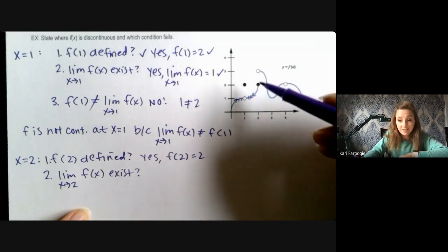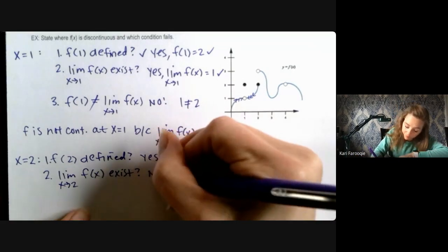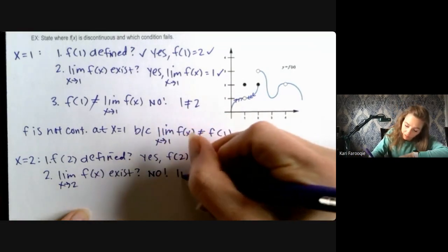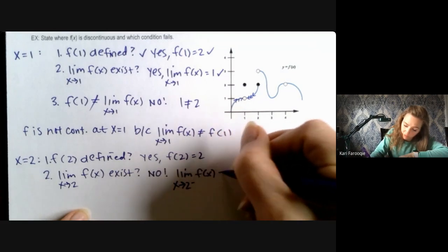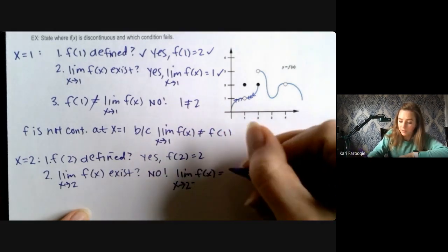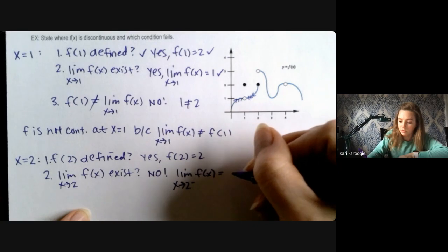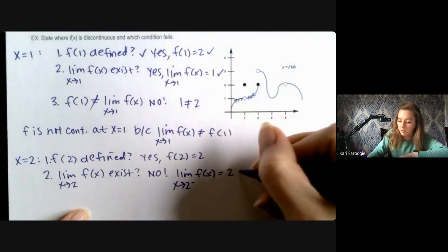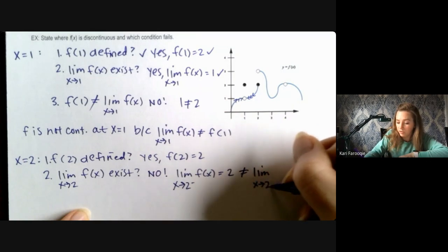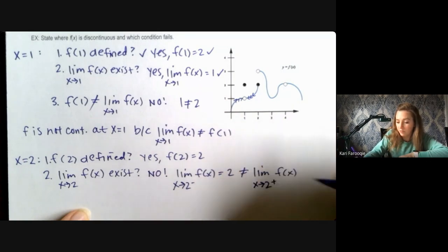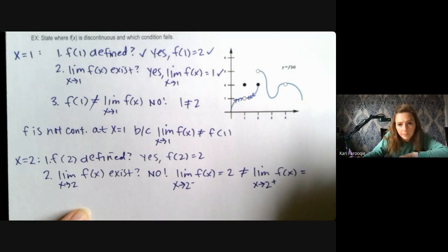The limit does not exist. The limit as x approaches 2 from the left of f of x equals 2, which does not equal the limit as x approaches 2 from the right of f of x, which equals 3.